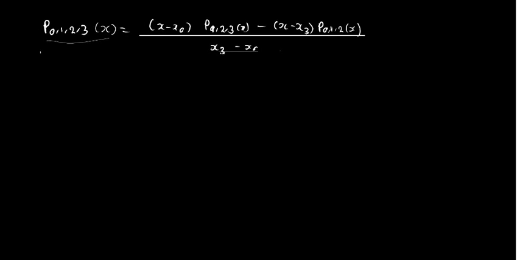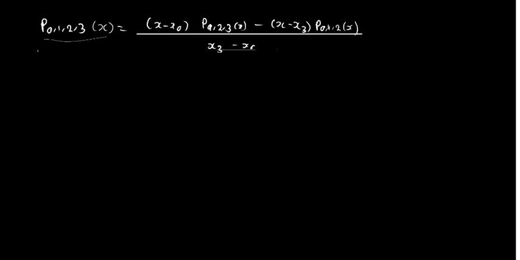Okay, so I'm going to go back to this guy over here. This is going to equal 8.4 minus what is our x naught? Our x naught is 8.1 there. Then what is our P123?